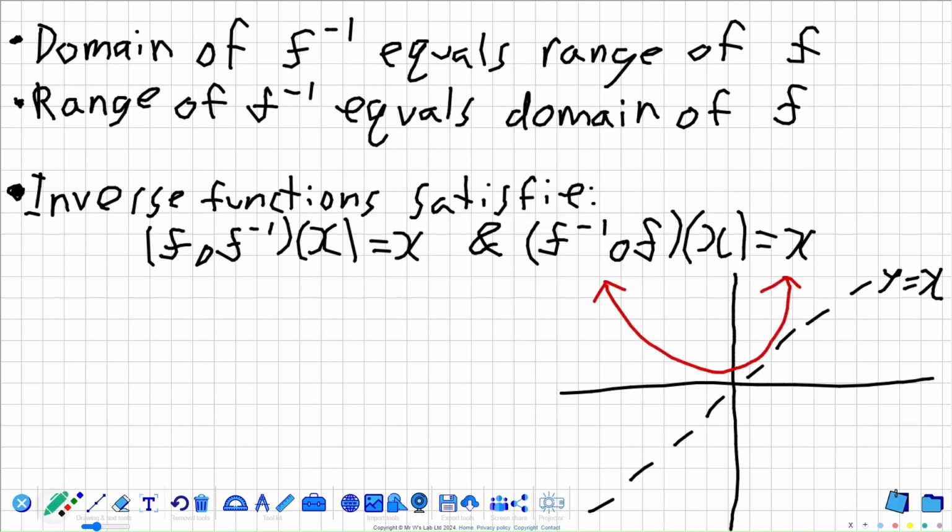If we were to find its inverse, so looking along the y equals x line, which would look a little bit like that, you would see that it would not pass the vertical line test, and so the inverse of f of x in this case would not actually be a function, and so that's why you need this 1 to 1.